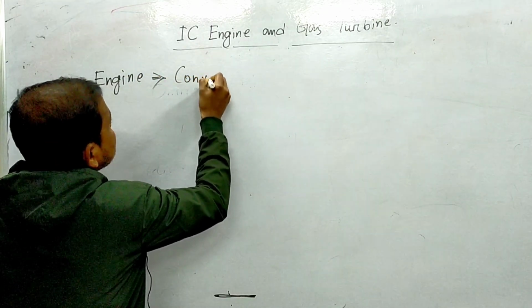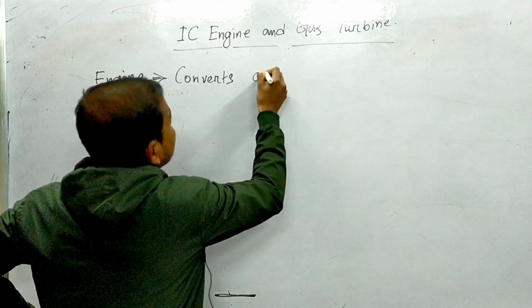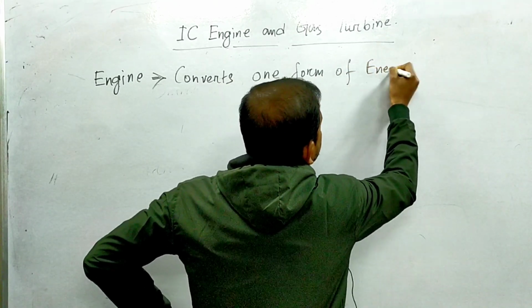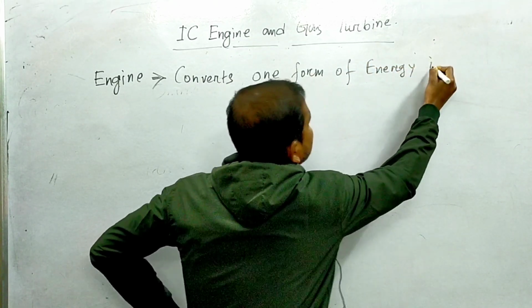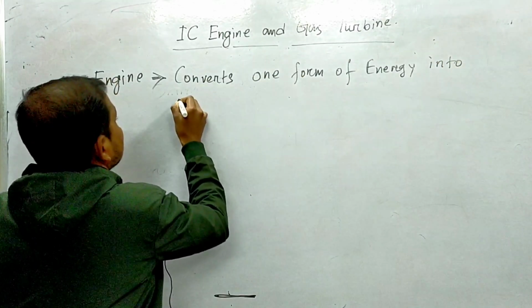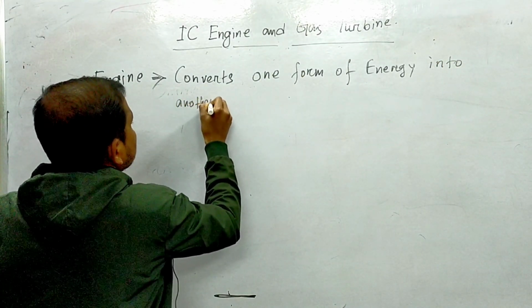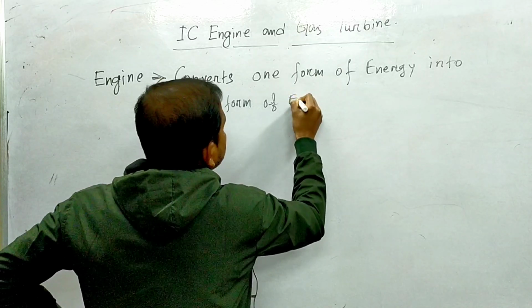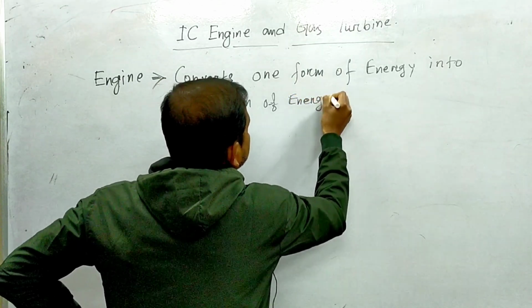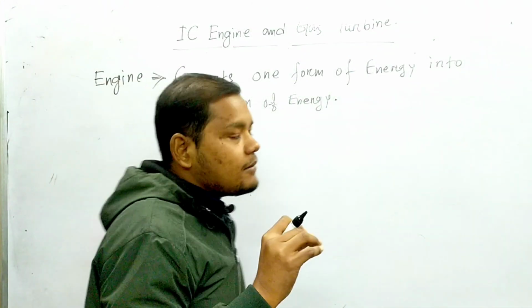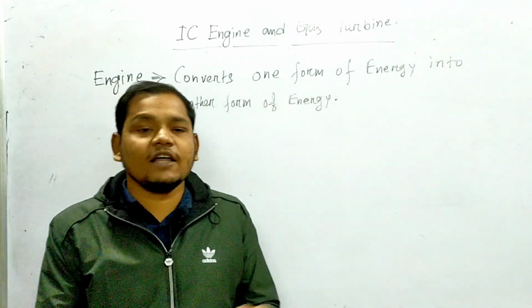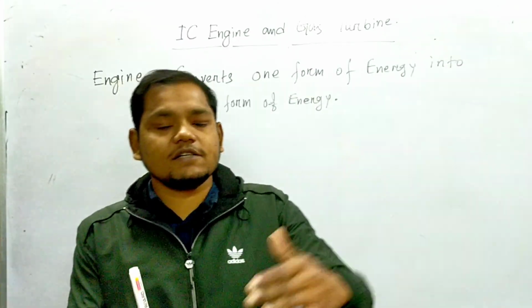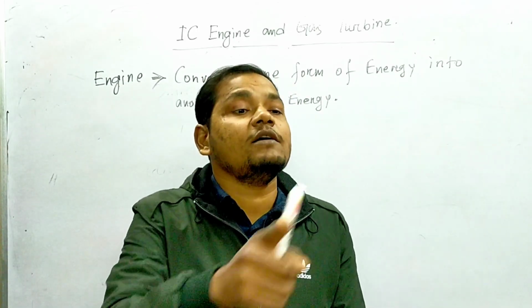The basic definition of engine is that which converts one form of energy into another form of energy. So what do we understand from this? Suppose you have electrical energy and it is converted into mechanical energy; that can be done by the engine.